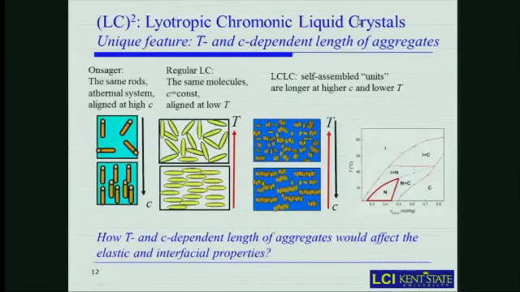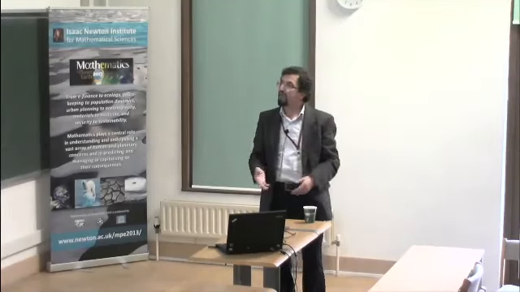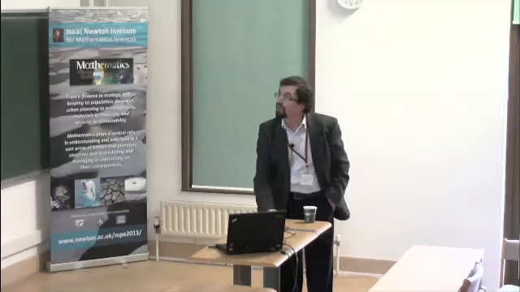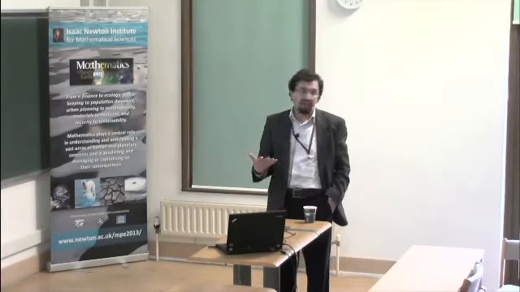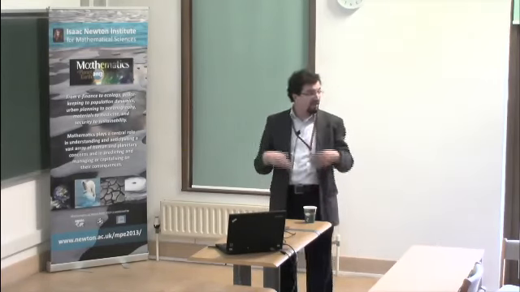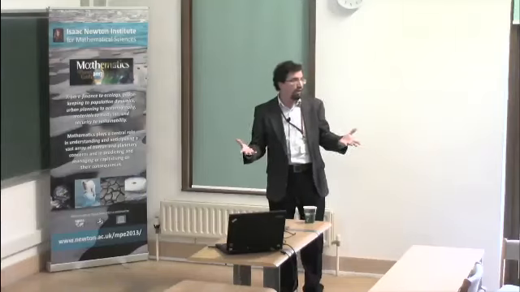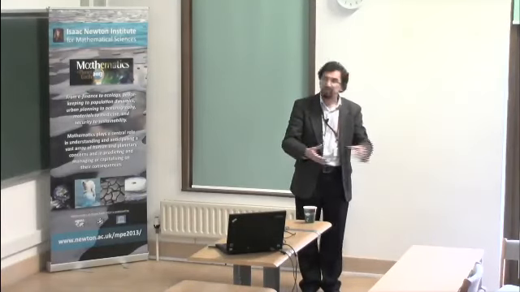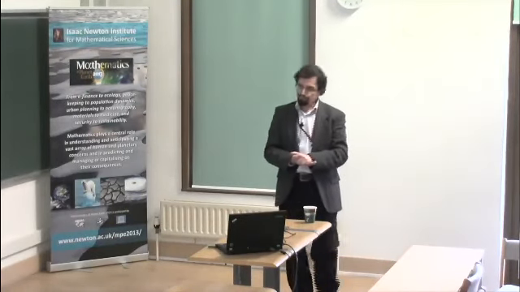So in the case of normal liquid crystal of thermotropic type, you don't change concentration because concentration is already 100%. It's all one material. You change the temperature, and whatever you do with temperature, it doesn't change the shape of the molecules. But in the case of chromonics, you have both temperature and concentration that modifies the order and modifies the very built-in units from which this phase is constructed.